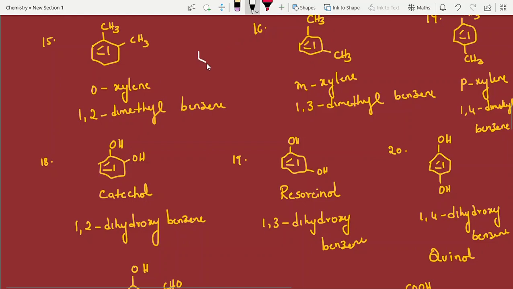For a benzene ring, some group A is here. With respect to A, this is the second position, this is the third position, this is the fourth position.